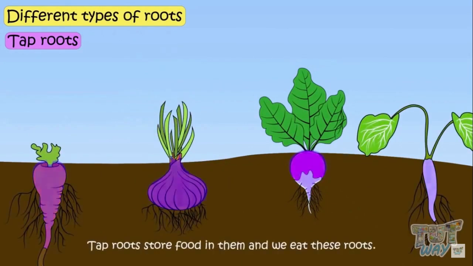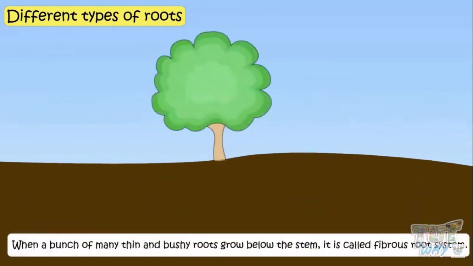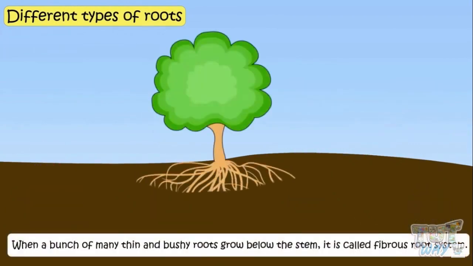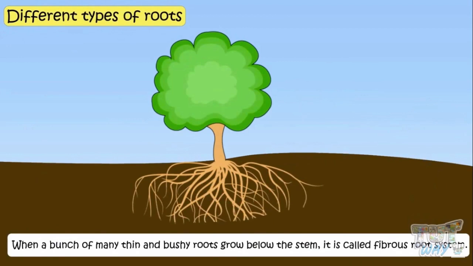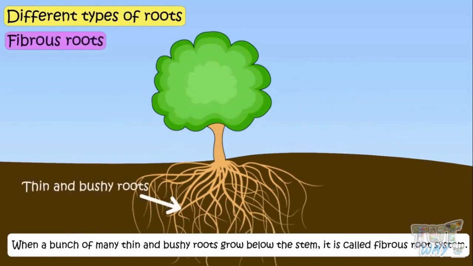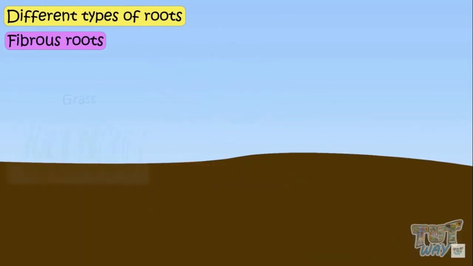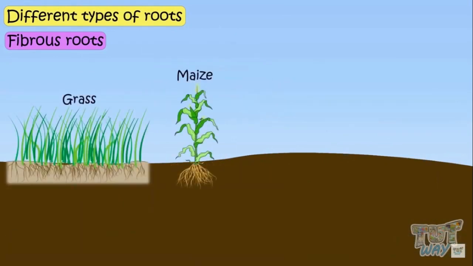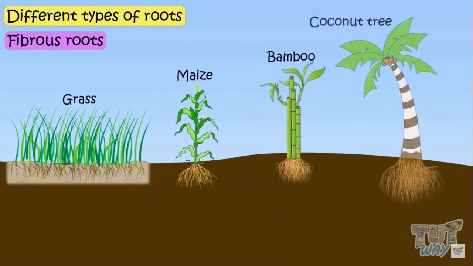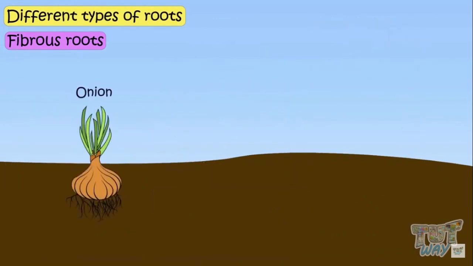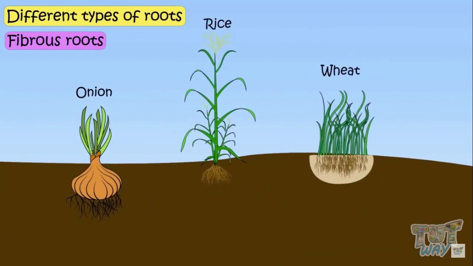Taproots store food in them, and we eat these roots. When a bunch of many thin and bushy roots grow below the stem, it is called fibrous root system. These thin and bushy roots are nearly equal in size. Grasses, maize, bamboo, coconut tree, onion, rice, and wheat are the plants that have fibrous roots.